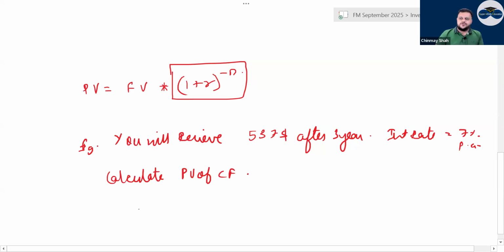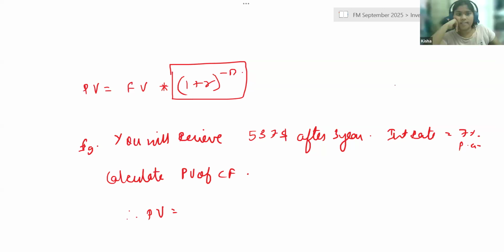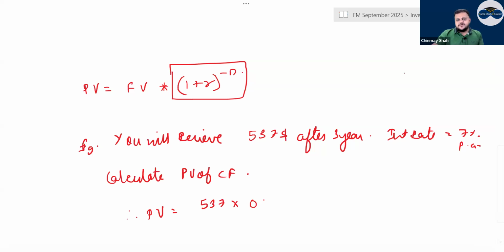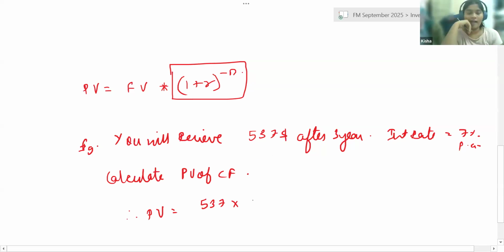Therefore, how will you find the present value? Just revising what we had done up till now. 537 multiplied by 0.816. What is the percentage that we will take? 0.07.